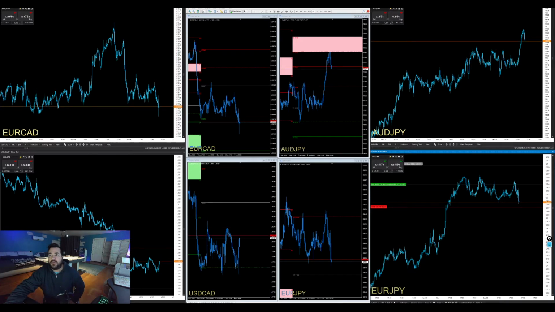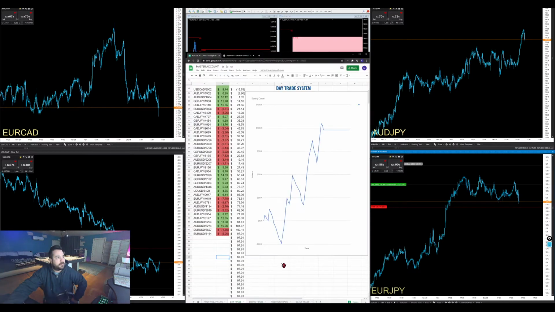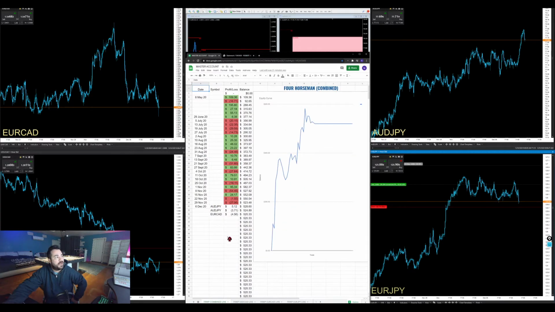Okay, so let's get into the stats here real quick. All right, so let's take a look at the Four Horsemen. You can see here that we're actually down by just a few dollars for the week, but we have floating profit right now. We're just going through a little bit of a slow bleed for the past few weeks.